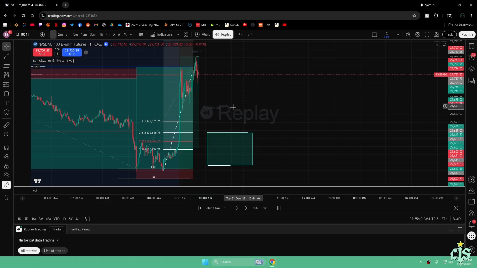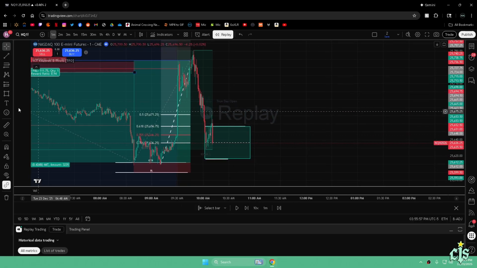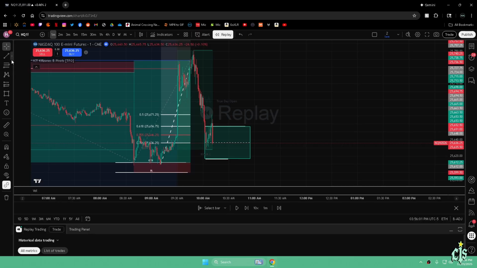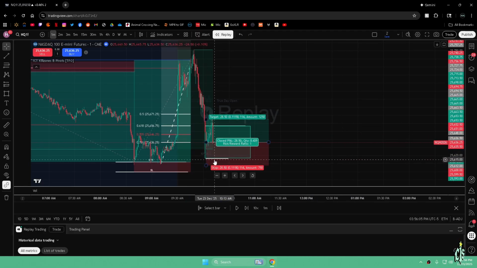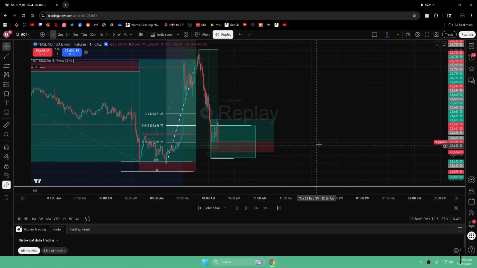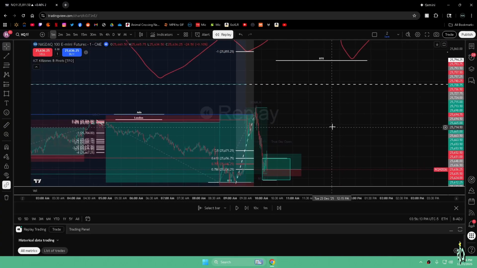So let's see what price does. Goes back into the imbalance, and you could have got in a buy right here if you wanted to. Right here at the middle of these imbalances with 50 ticks. And you could have ridden again.